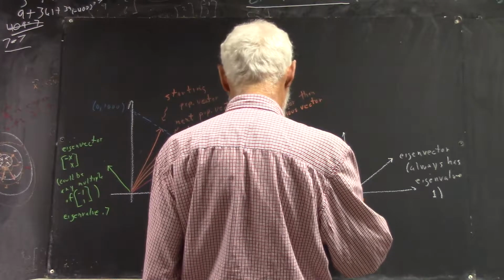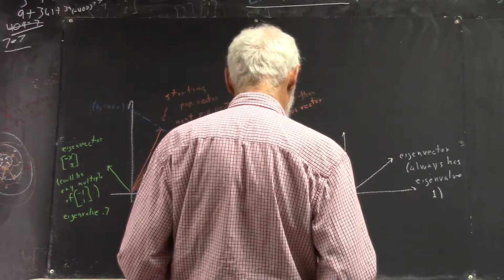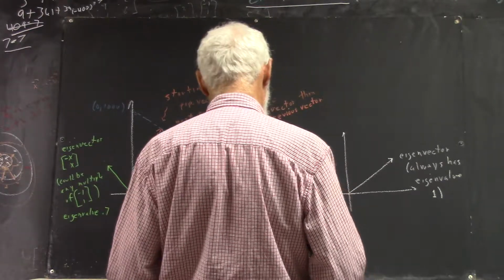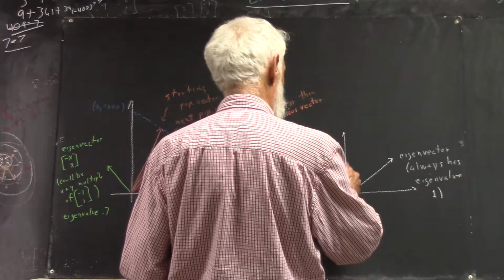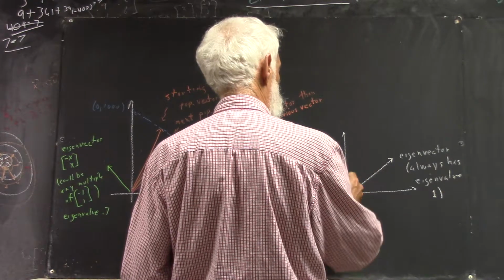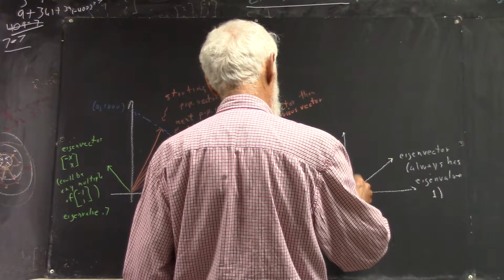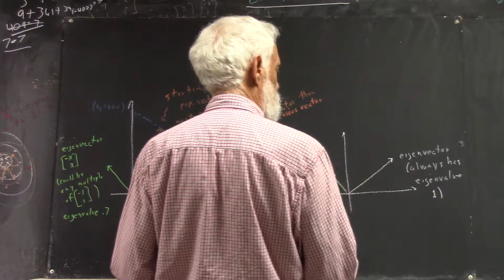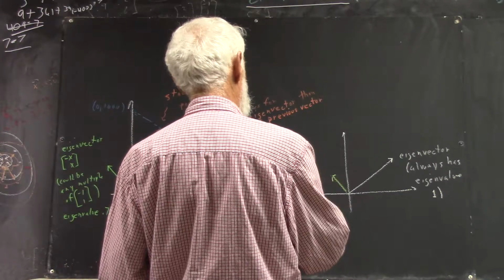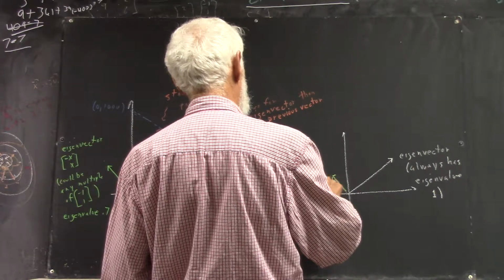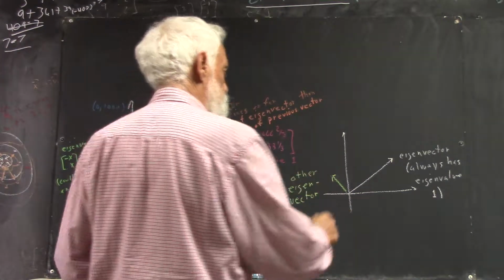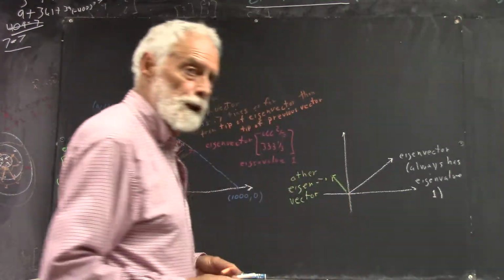And you have, I guess I'll use color, you have this eigenvector. Okay?